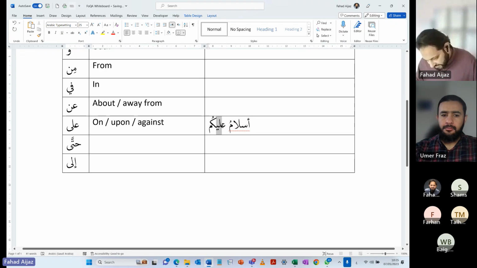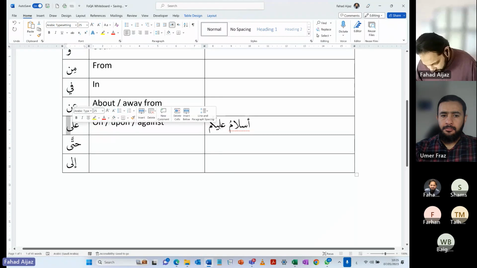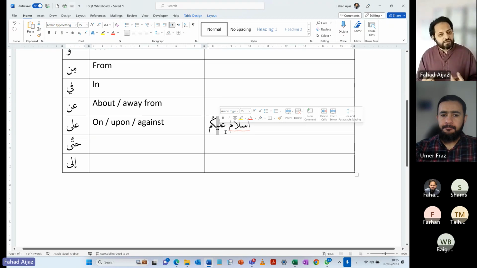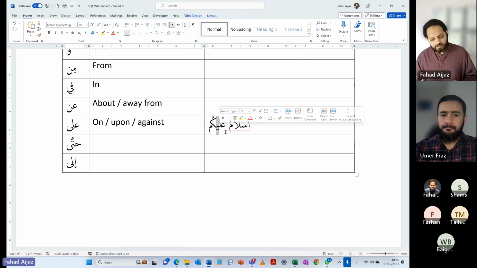And the thing about this alay is when it is attached to a pronoun, this ya actually takes the shape of two dot ya. Okay. When you see these two dots, it's still the same ala. But because it is attached to a pronoun, or any other ism for that matter, it changes its form in terms of two dots. So you are easily able to recognize it. It's the same ala.